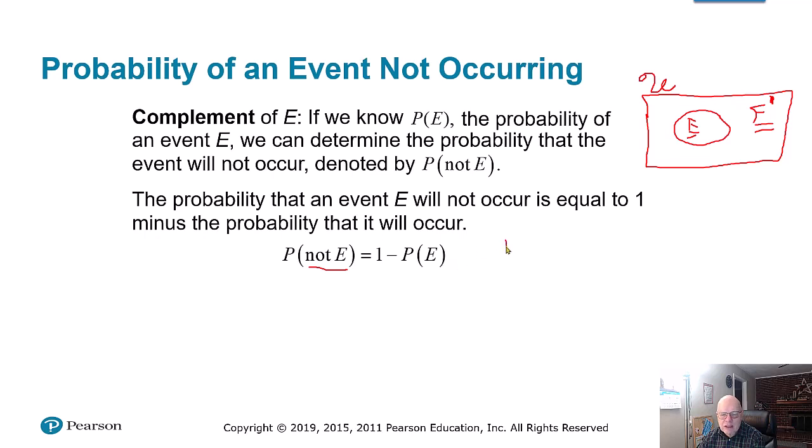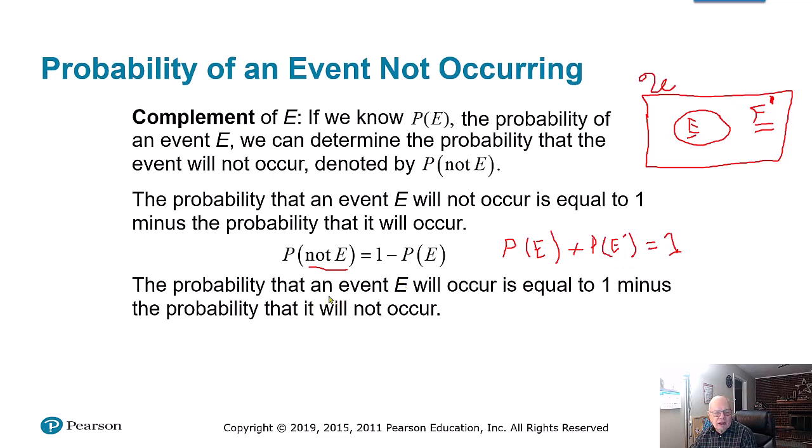Another way you can look at this is the probability of E happening plus the probability that E doesn't happen, E complement, equals 1. 1.00 if you like, 1 over 1, whatever.